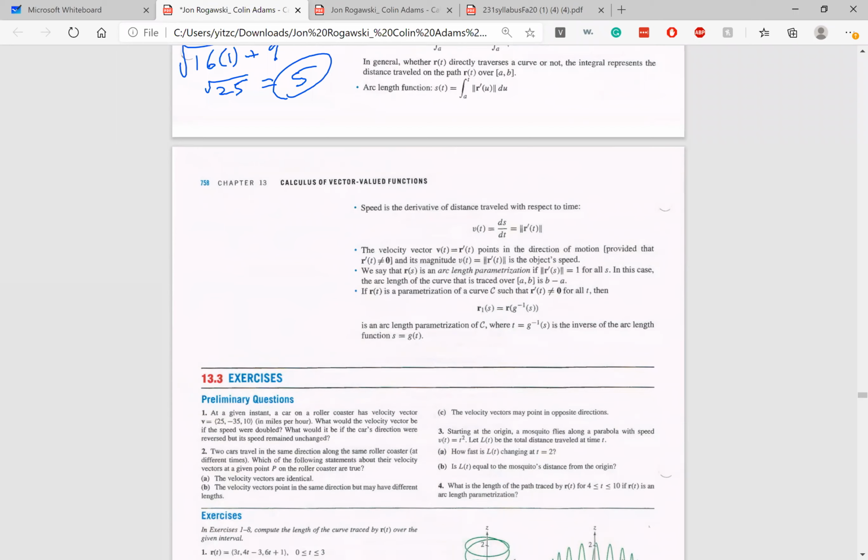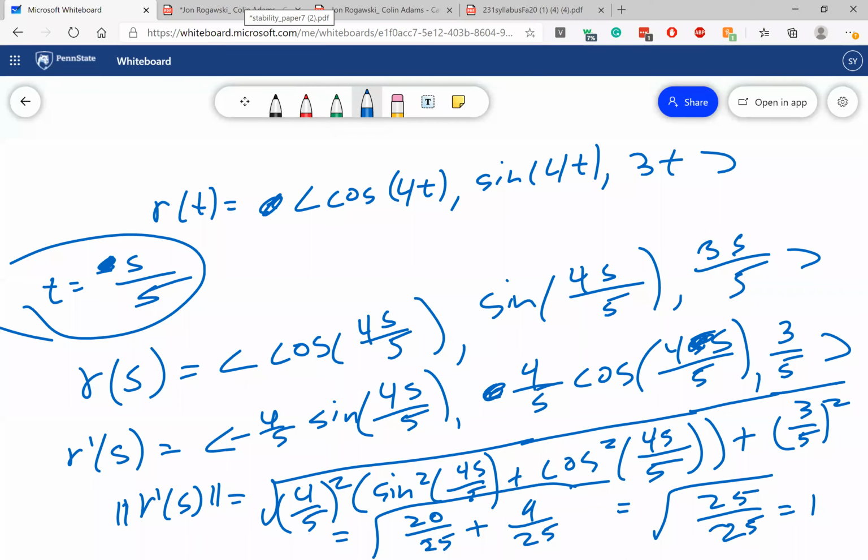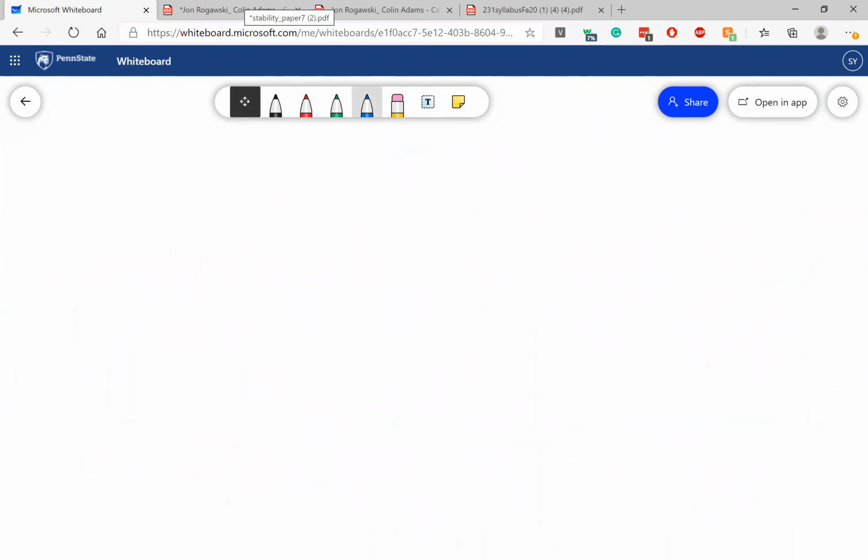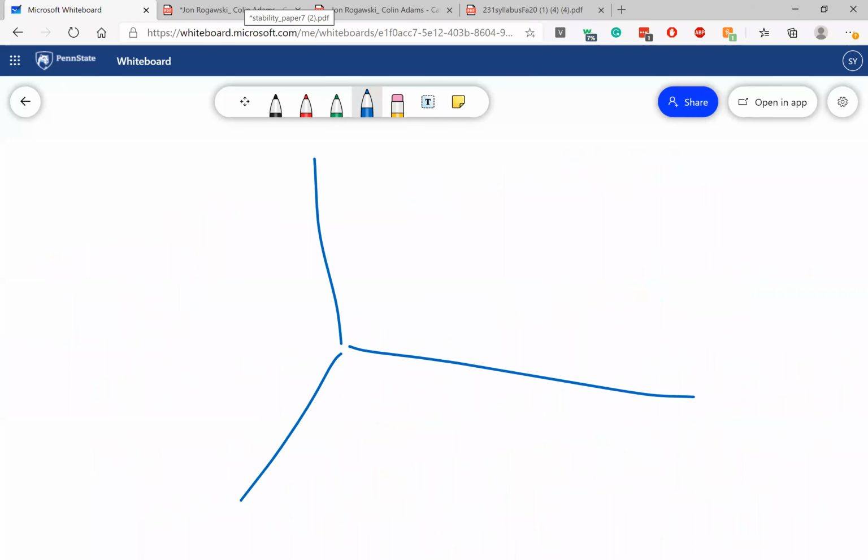So for example, a question that can appear on the quiz might be, let's say you have two curves, and they intersect at the origin. So here's one, and let's say here is another.